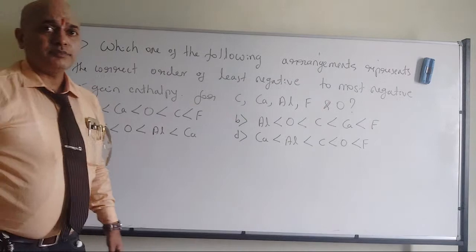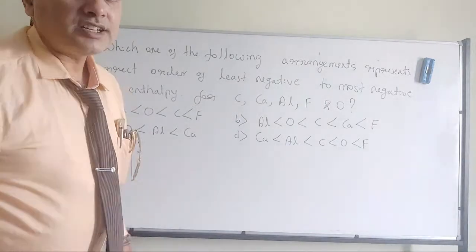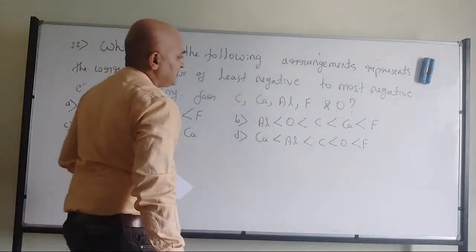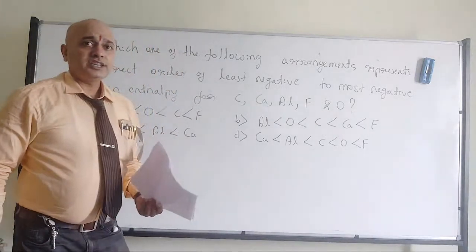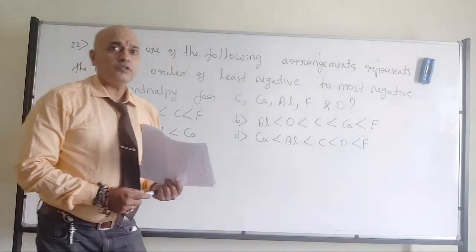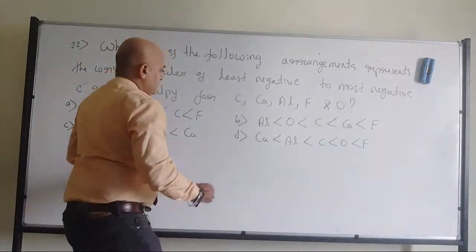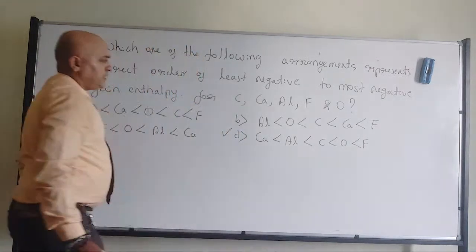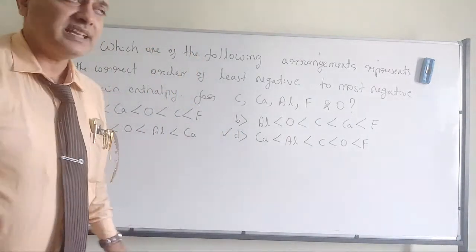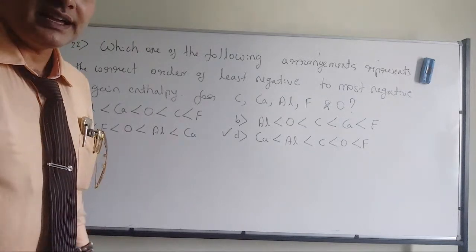That's how it has to be arranged. So Darshan is writing option D. All of you will agree with that? Option D. Many of you have written option D as the answer. All of you will agree with that?